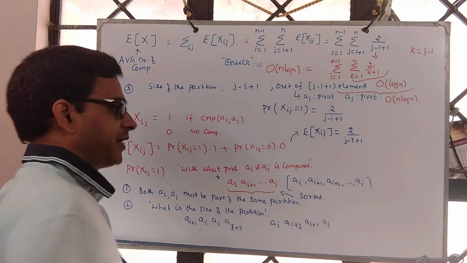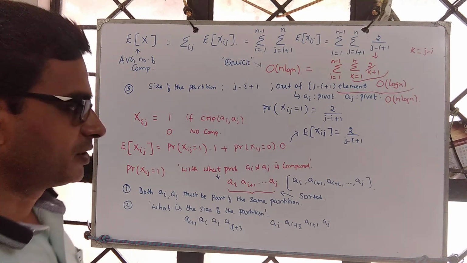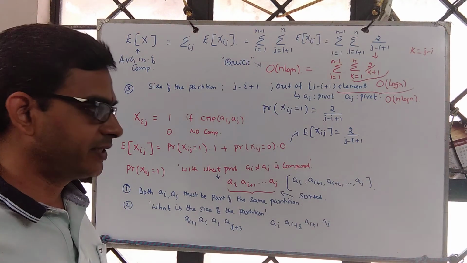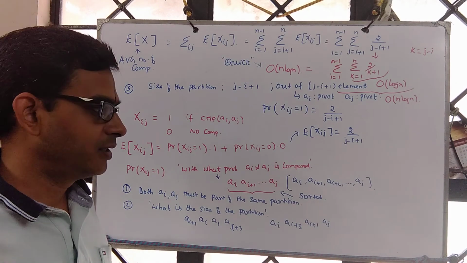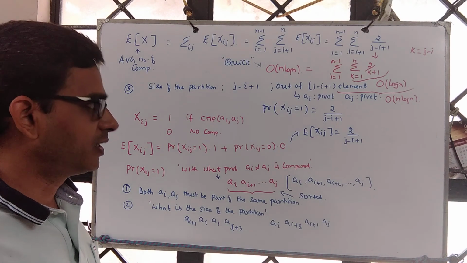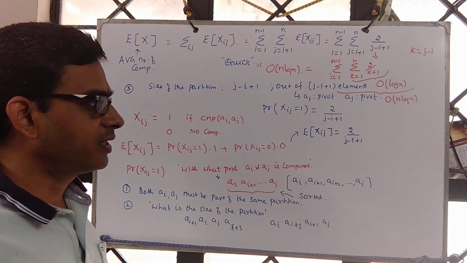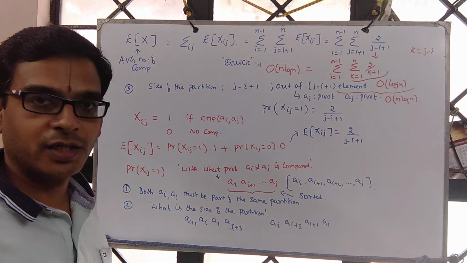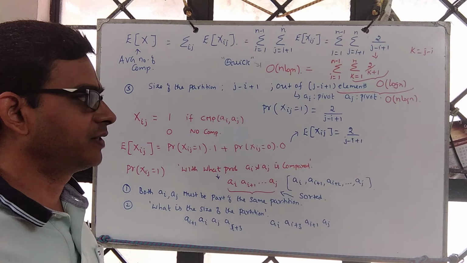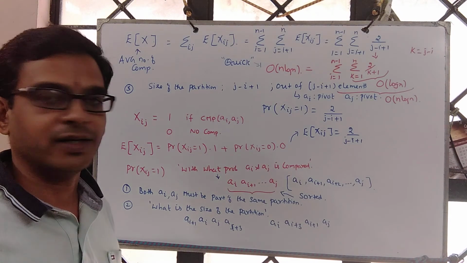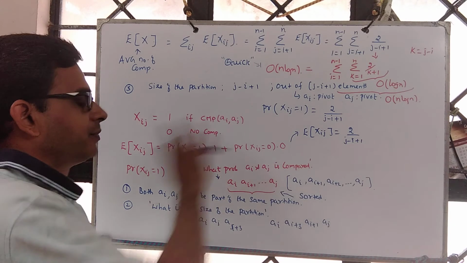For all practical inputs, its behavior is close to n log n. Through simulations and experimental research, theoretical computer scientists have shown that the order of growth of quicksort's time complexity is close to n log n, due to which it gets the name quick.